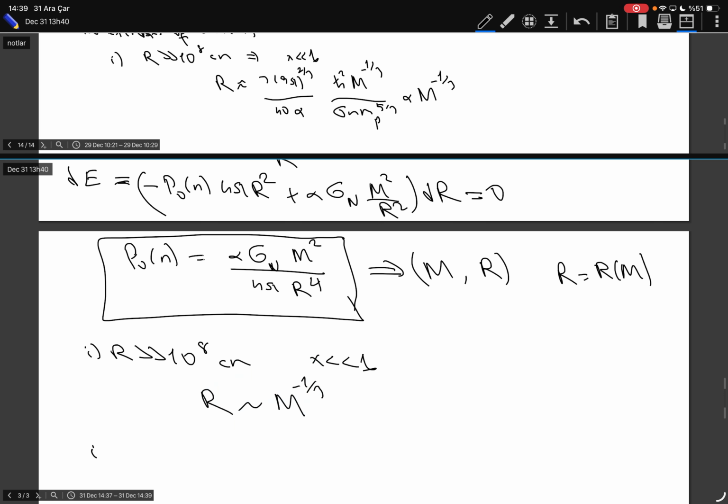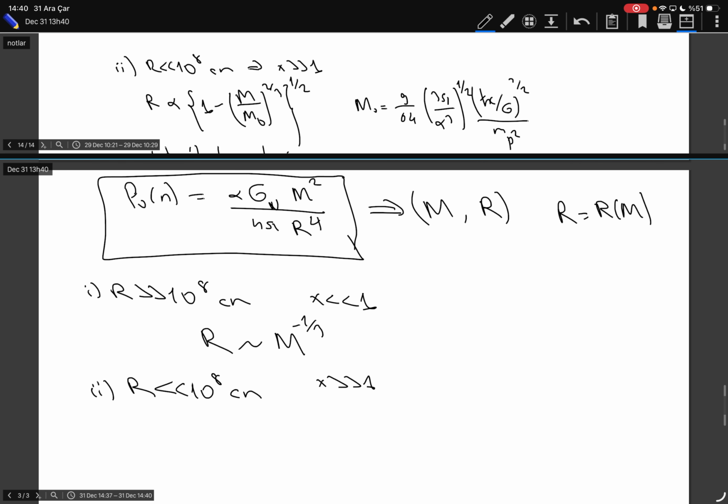You can look at the other extreme. Let's say that you are increasing the mass. As you increase the mass, the radius gets smaller and smaller. Eventually, it will be smaller than 10 to the power 8 centimeters. If r is less than 10 to the power 8 centimeters, that means your mass has become already very large.